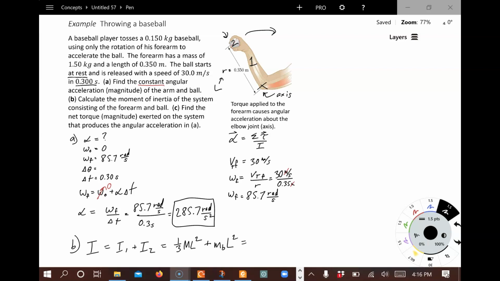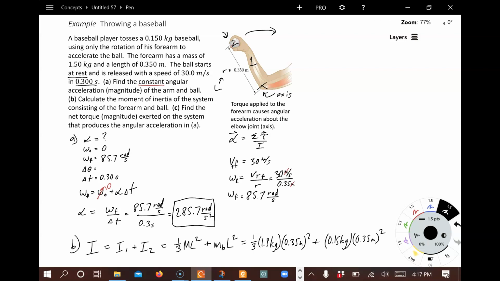So let's plug in our values and see what we get. 1/3 times the mass of the forearm, which is equal to 1.5 kilograms, times the length of the forearm, 0.35 meters squared. And now for the baseball, it's going to be the mass of the baseball, 0.15 kilograms, multiplied by the distance from the axis of rotation, again, 0.35 meters squared.